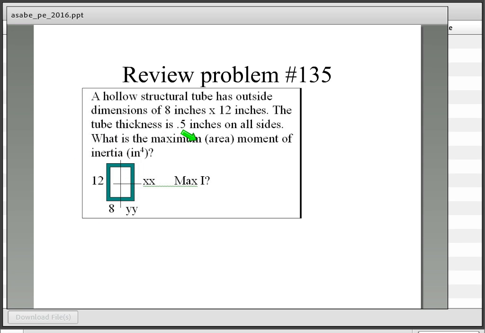What is the maximum area moment of inertia in inches to the 4th? So here, of course, we would be applying our formula for a rectangular cross section.